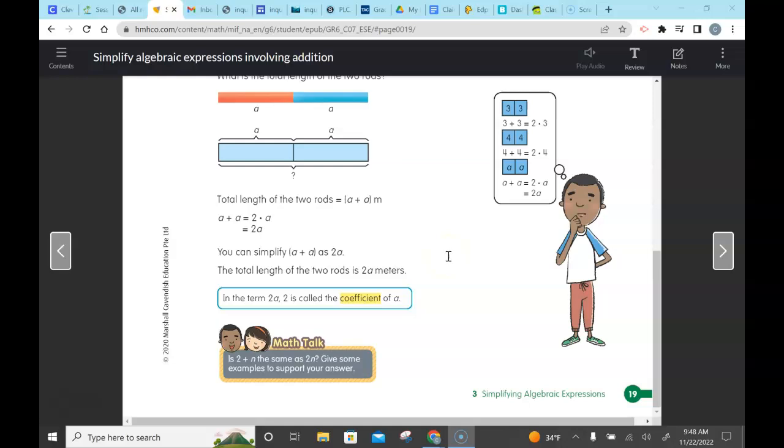So we can see at the very bottom here, in the term 2a, 2 is called the coefficient of a. So what a coefficient is, it's the numerical factor in a term of an algebraic expression. So we can see the term 2a, 2, numerical factor, is the coefficient of a. So whenever we talk about coefficient, that's what we're talking about there.